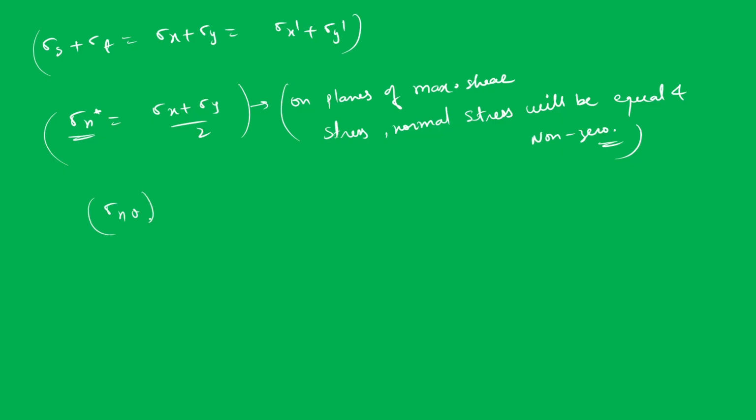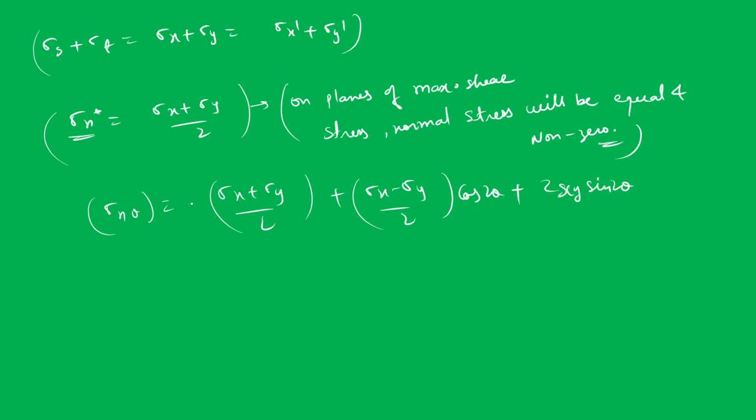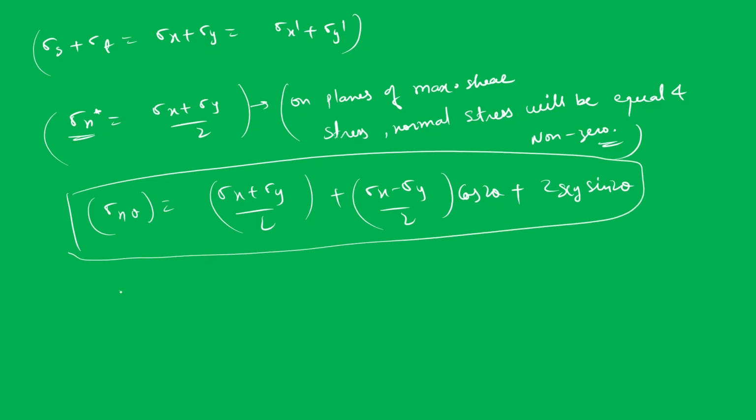And then we have seen the formula of sigma theta, that is (sigma x plus sigma y)/2 plus (sigma x minus sigma y)/2 cos 2 theta plus tau xy sin 2 theta. You have to remember this formula as well. And then there is tau theta.